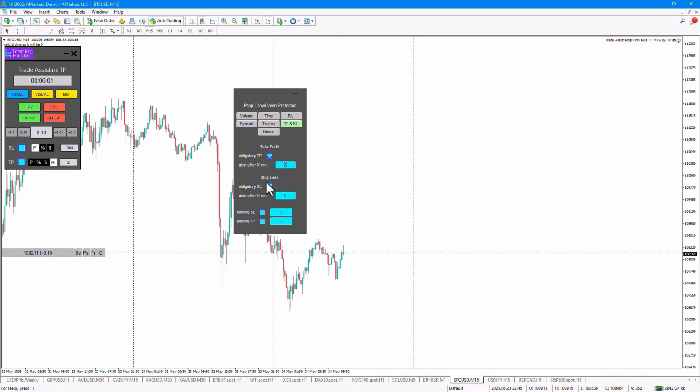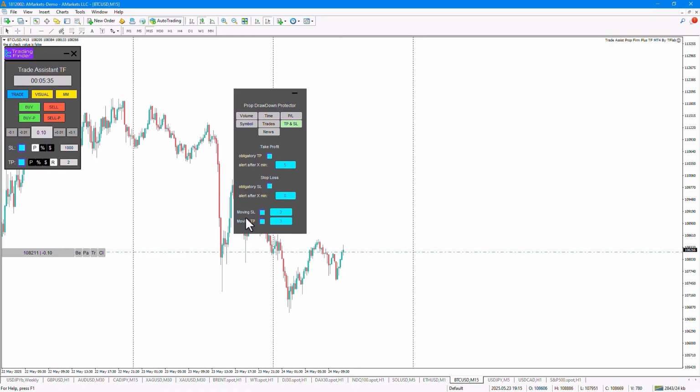Or if I forget to set a stop loss and I want the expert advisor to issue a warning and remind me, we can use this part. If I set the number to 5, it will be 5 minutes after opening the position and entering the trade. If I don't set a take profit for my trade, a warning will be issued for me.